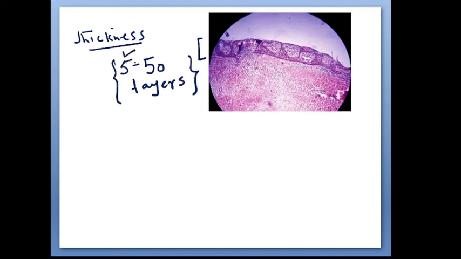Around 50 layers of cell thickness is seen. Number three, which we have to remember, is that ortho or parakeratinized lining is seen.